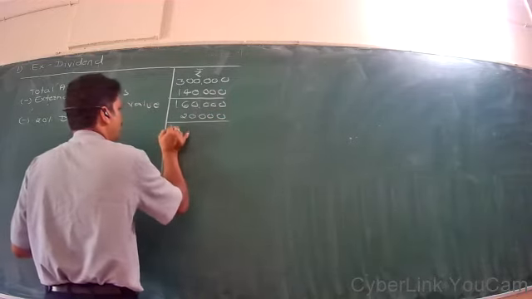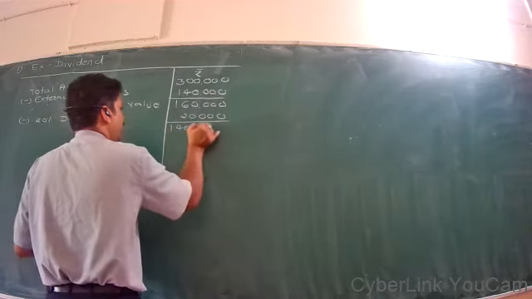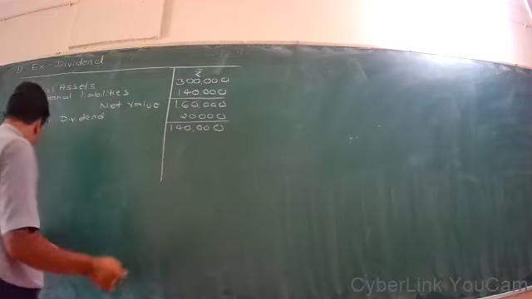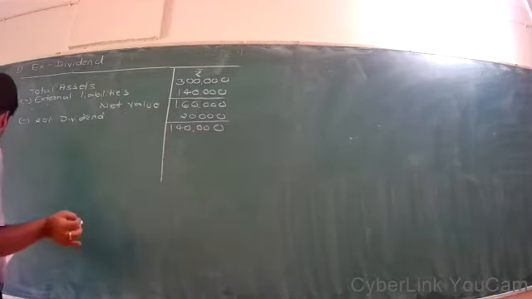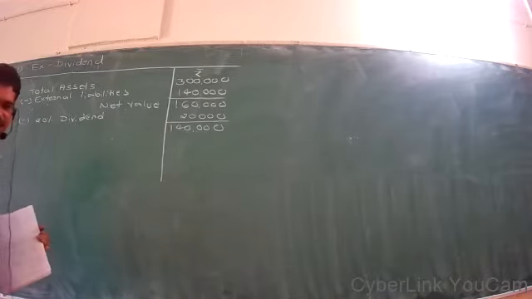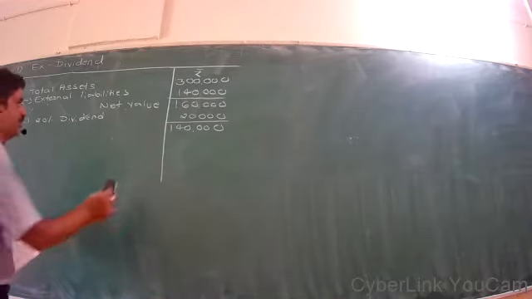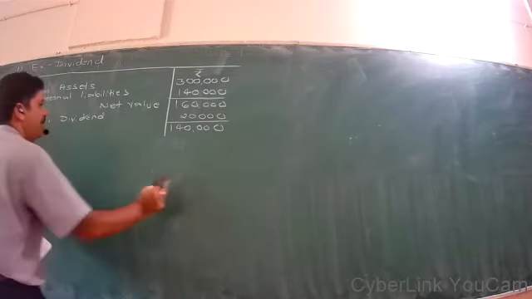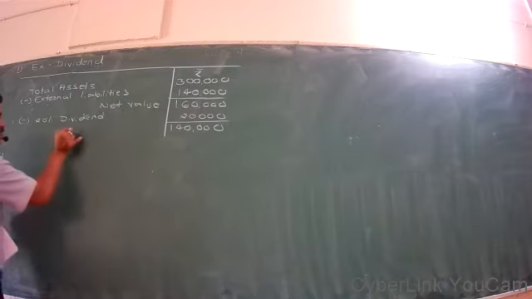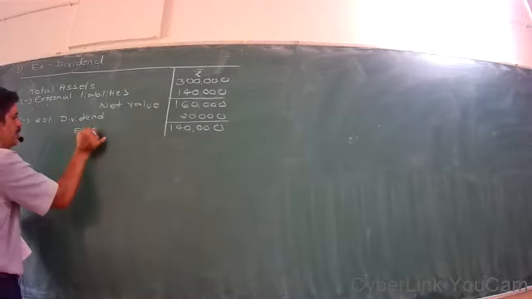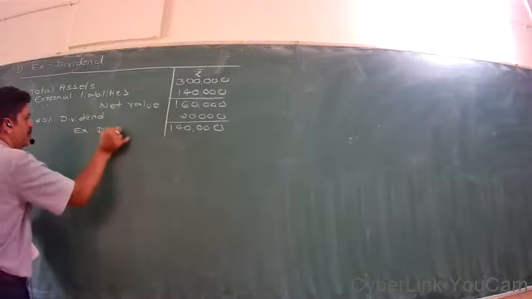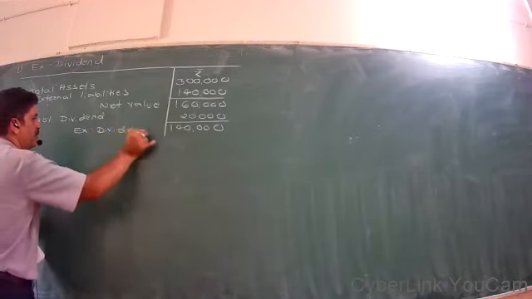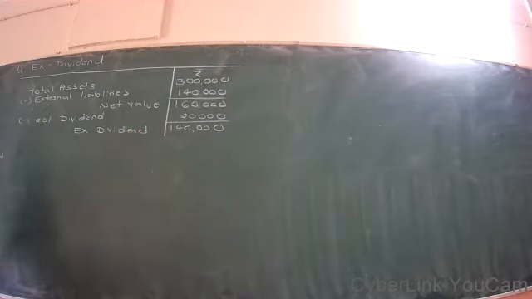So, after deducting the dividend, the net assets available to equity shareholders is 1 lakh 40,000. Here I will write ex dividend: after deducting, the net assets available to equity shareholders.